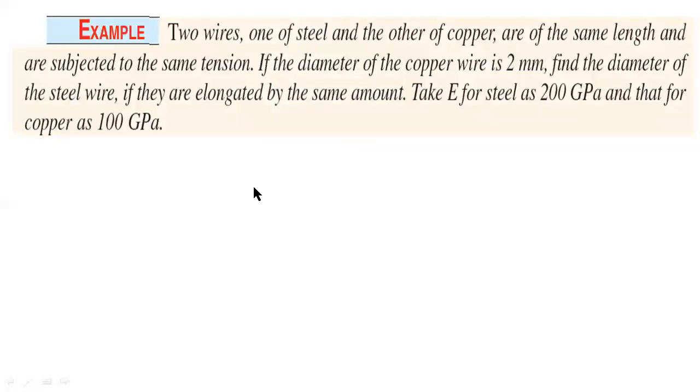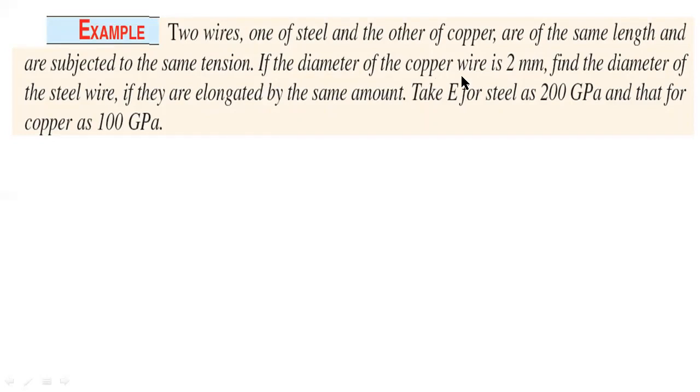Now coming to the last problem in this session. So this is a different problem. Here the question is: two wires, one of steel and other of copper, are of the same length and are subjected to same tension.